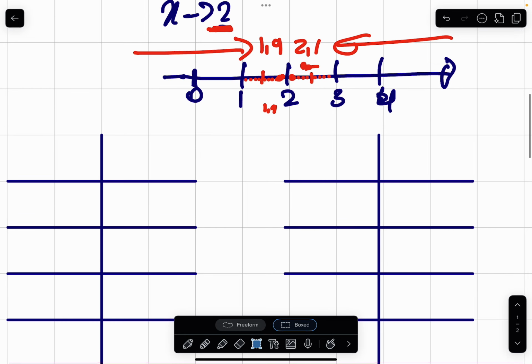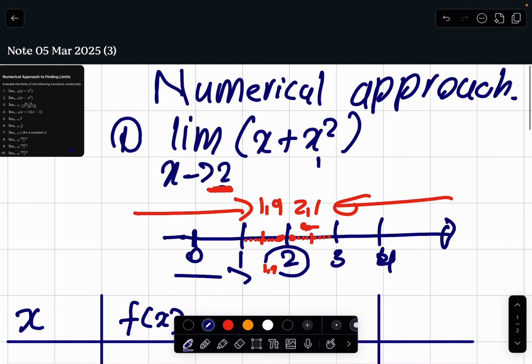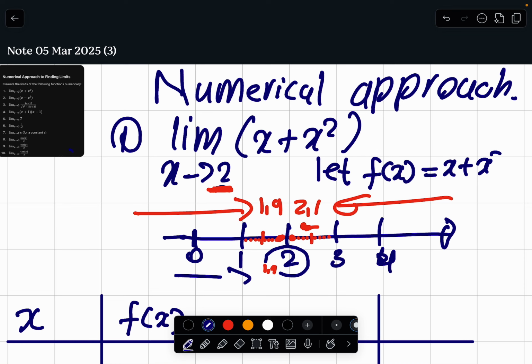The first table is when we're approaching 2 from the left. You must know this table is here. We put the values of x, and here we put the values of f of x. Therefore, you are going to say let f of x equal x plus x squared.